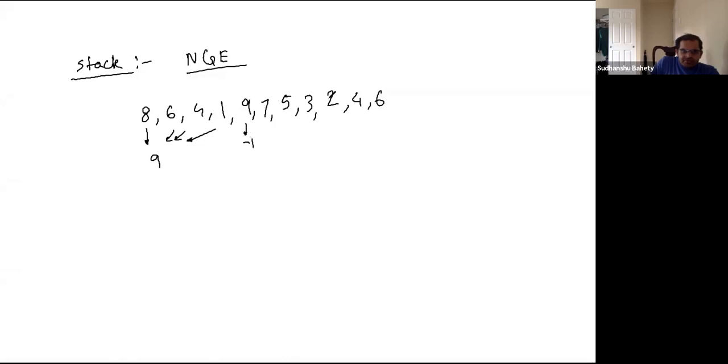For 7, there is no data element, so you provide -1 over here as well. For 5, you see that 6 is the next data element, you output 6 over here. For 3, 4 is the next data element, you output 4 over here. And for 2, you have 4 as the next data element, so you output 4. For 4, the next data element is 6, so you output 6.